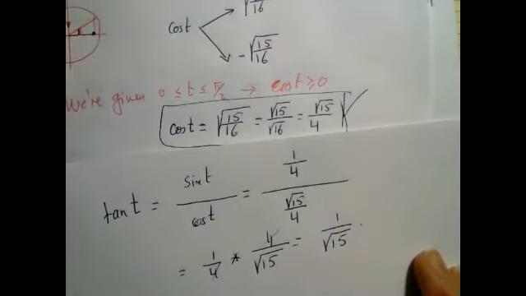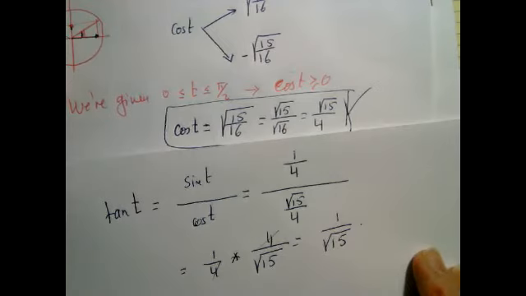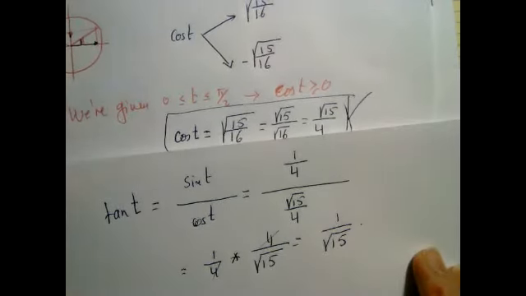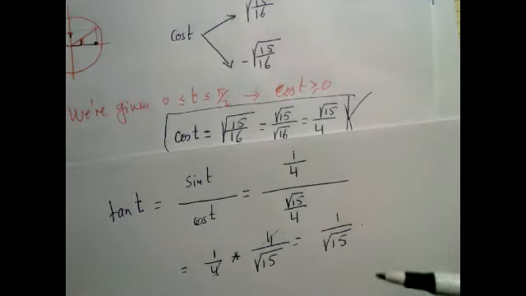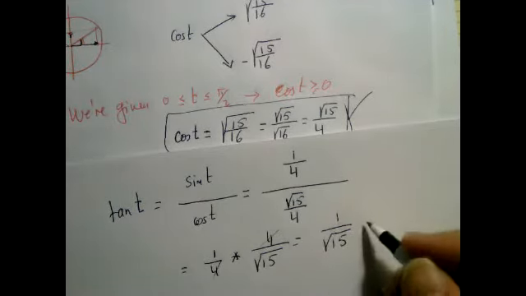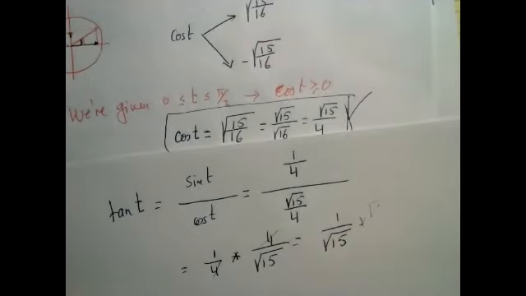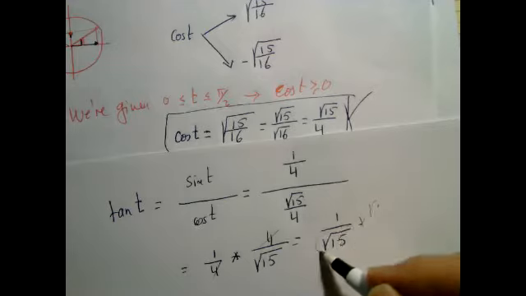Yes, Kishan. I thought you can't have a radical in the denominator. Oh, yes. Whoever told you that is not right. Yeah, you can. I know what you mean. In high school, they teach you that you can't have a radical in the denominator. This is a number, right?